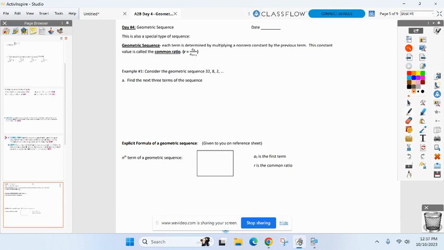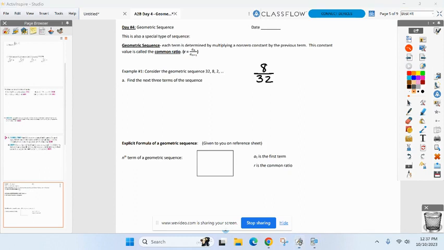So here you go. I hate to say trick, but here's the way I want you to find what you're multiplying by if you can't see it right away. Pick any term but the first in my sequence. 8. If you ever want to find what you're multiplying by, you take any term and divide it by the previous term, which for us would be 32.